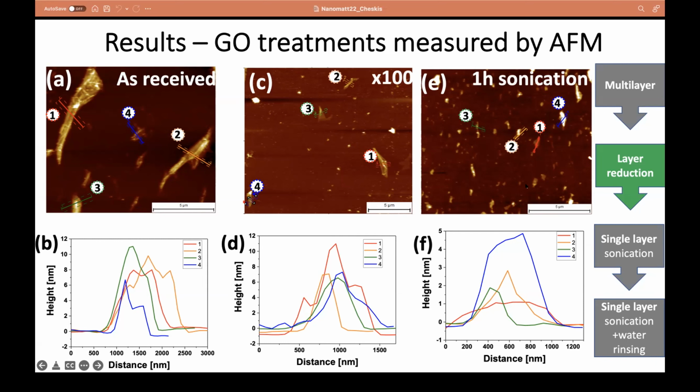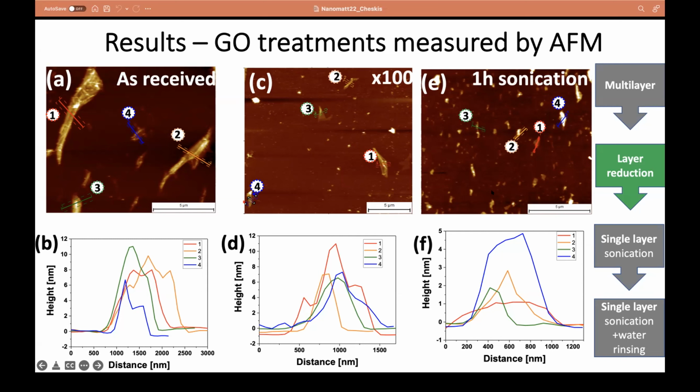solution, and we see that it seems in some way pretty clear. In this process, in some places we reduce some flakes, we reduce the height, but this was not enough.